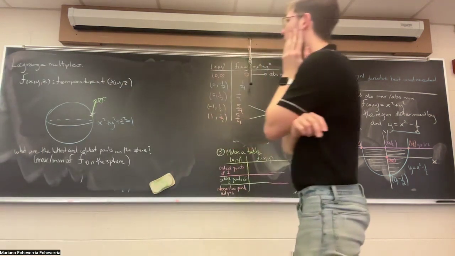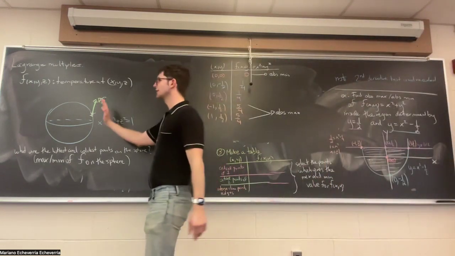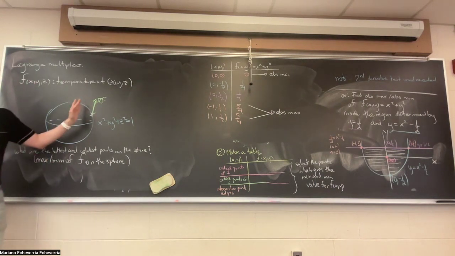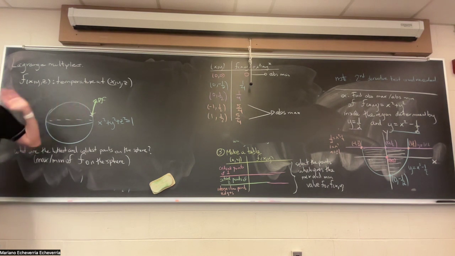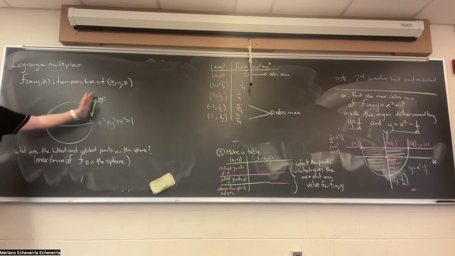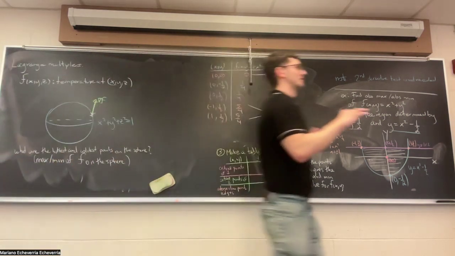So what's the issue there? If you try to follow the gradient as I draw it, then soon enough you will exit the planet, because if you follow this arrow, that will force you to leave the surface of the earth. There's no way to follow this arrow while staying on the surface.